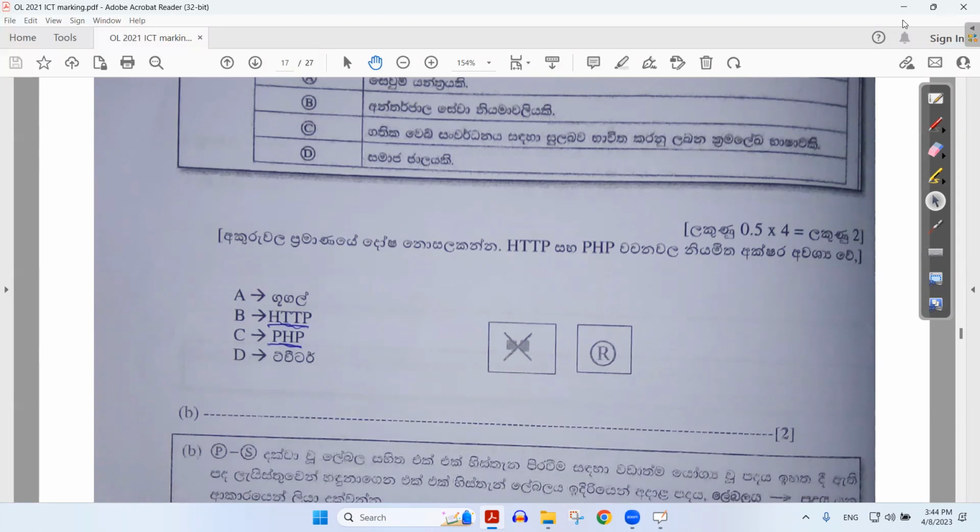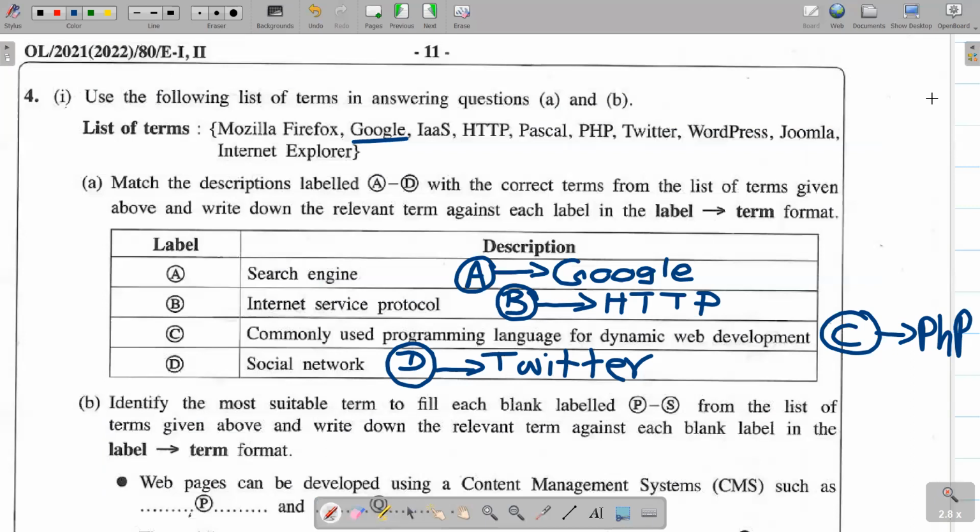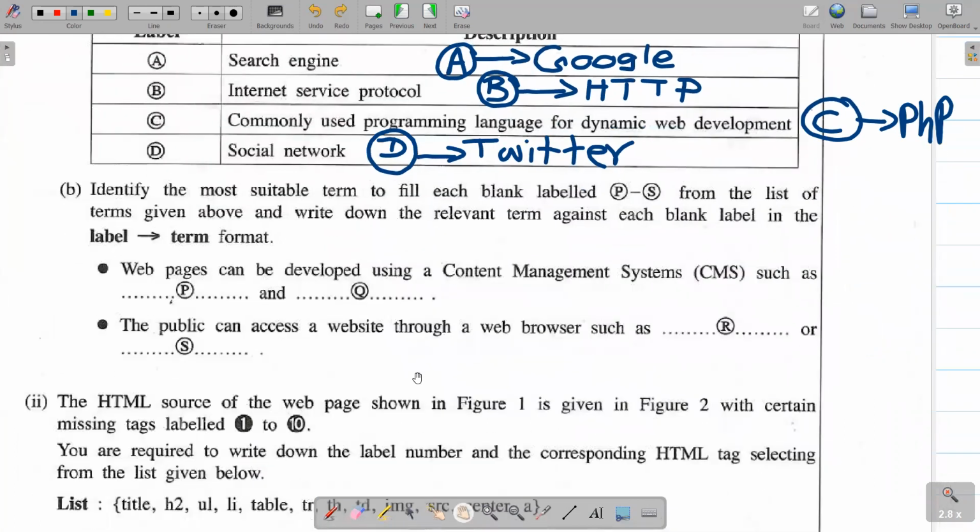And part B is about filling the blanks. It says, identify the most suitable term to fill each blank labeled P to S from the list of terms given above and write down the relevant term against each blank label in the label term format. Yeah, again, it goes with label term format.